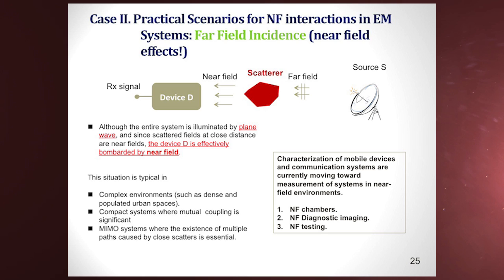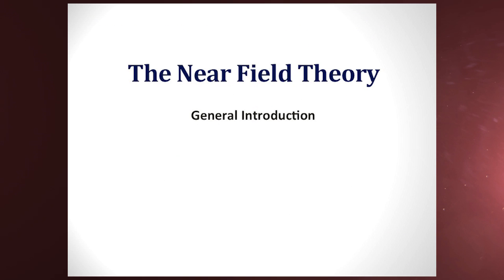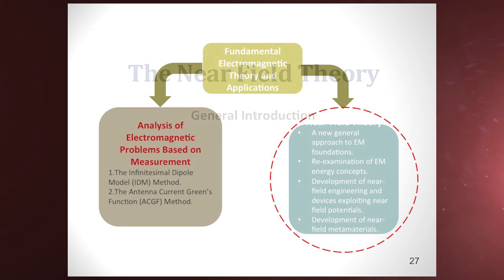The other scenario: even if you have a far field coming at your device, the source is in the far field, and there is a scatterer close by. That scatterer scatters the field onto the device, and the scattering is in the near field. So you really need to model this not based on a plane wave expansion or something, but you need to know the near field. So I'll start by talking about the near field theory here.